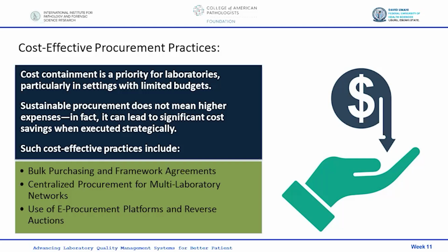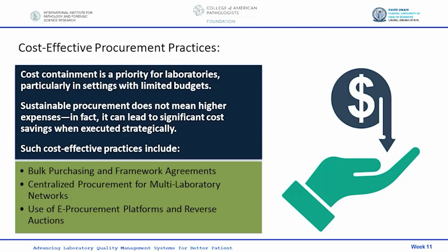Everything is centralized. Then this is very useful, especially for public sector labs managing national disease control programs. And also, the typical example I gave you is our National Blood Service Agency here in Nigeria.